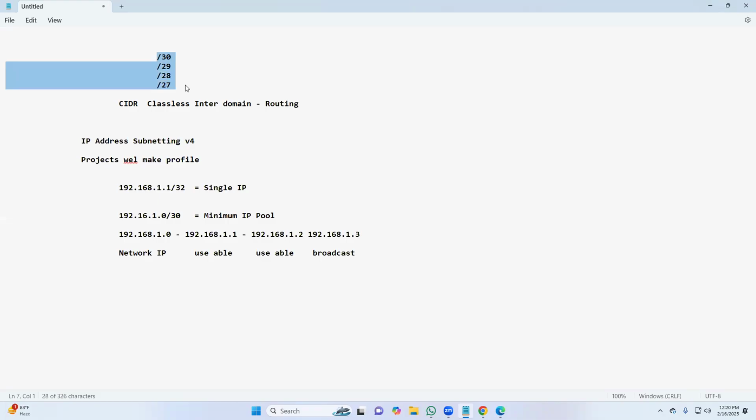It means you can break the IP pools. But if you just go with the default addresses, like this, this is the default addresses.